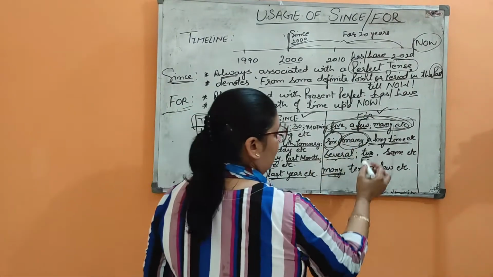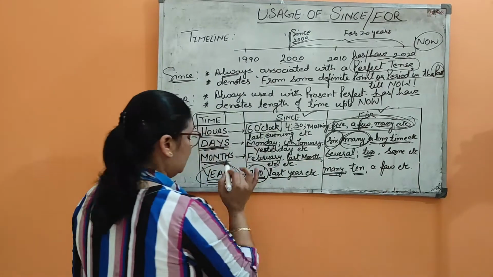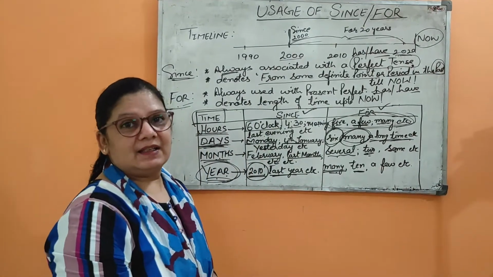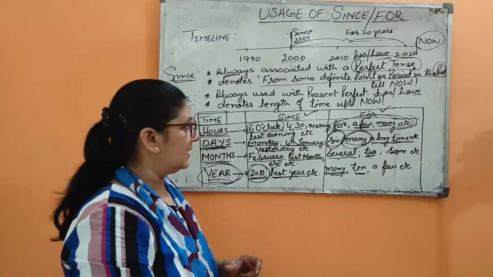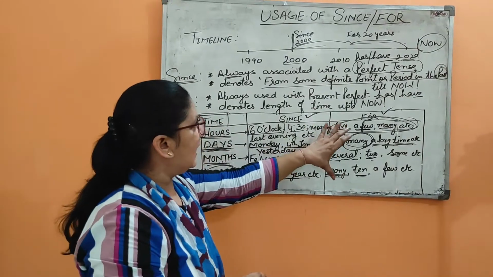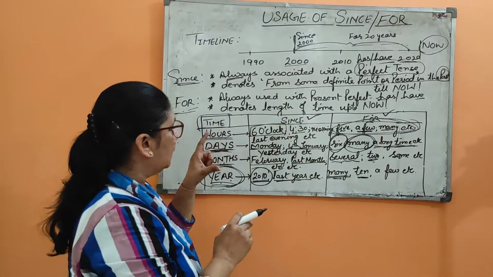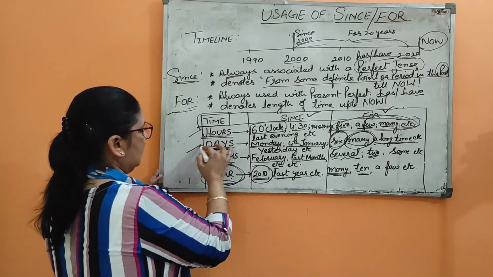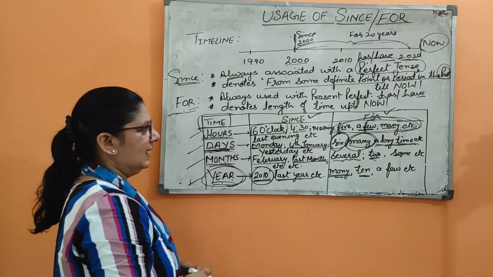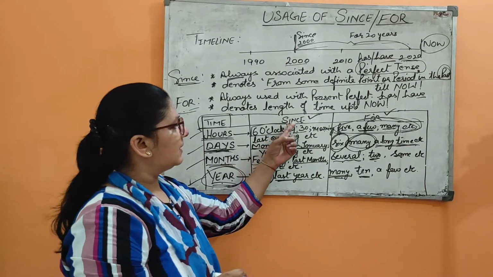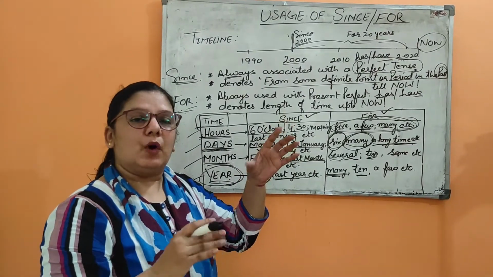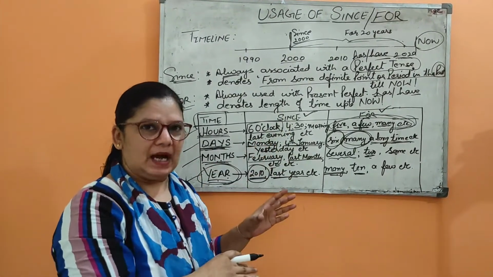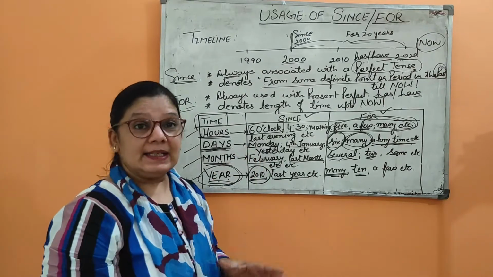We have been living there for 10 years, not since 10 years, for 10 years. So this chart shows that since and for are used to show time in terms of hours, days, months or years or seconds, but we have to use since to show that it started somewhere in the past and it is still there.